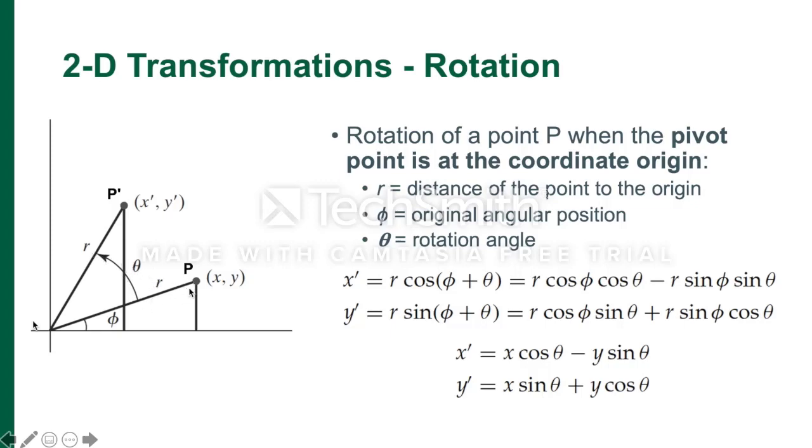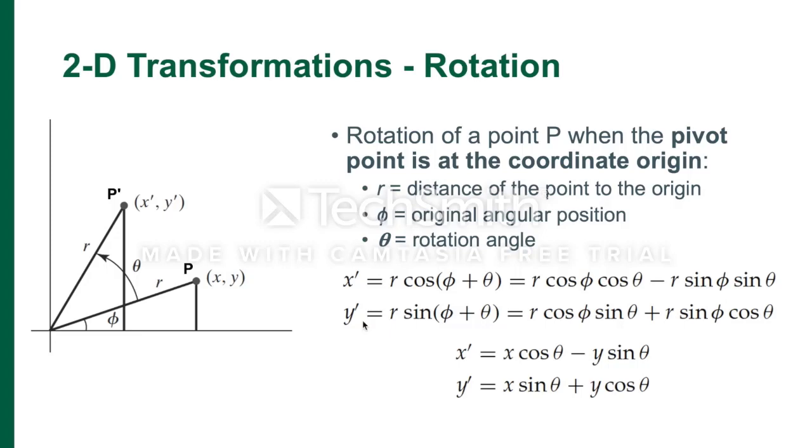If we perform this rotation, then we can observe that the new P, or P prime, coordinates are going to be defined by R, that's the distance to the origin, multiplied by the cosine of the sum of these two angles, phi and theta. Similarly, we can apply it for y using the sine function.